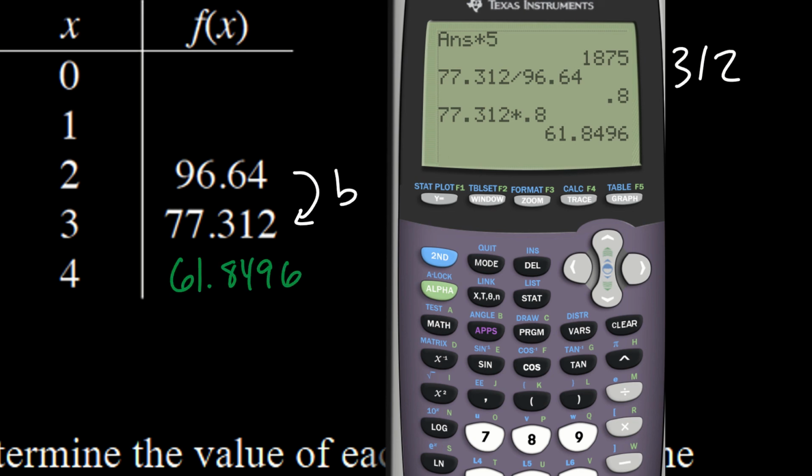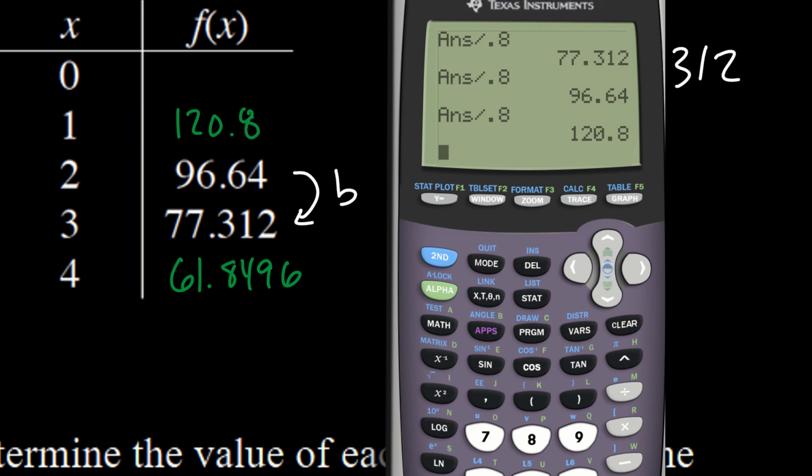Now if I take that and I divide by 0.8, it lets me go backwards. Yeah, that's right. And then I do it again, I go backwards. Do it again, I'm at 120.8, and then I'll divide it one more time by 0.8, and I'm at 151.